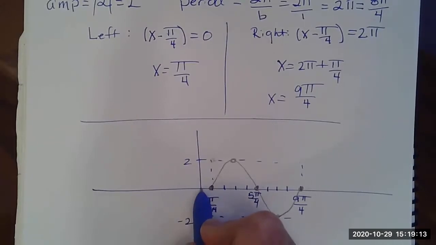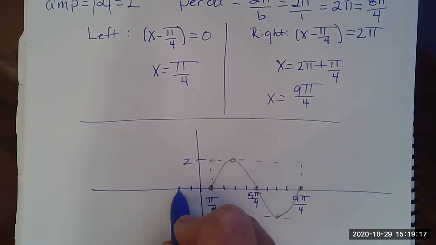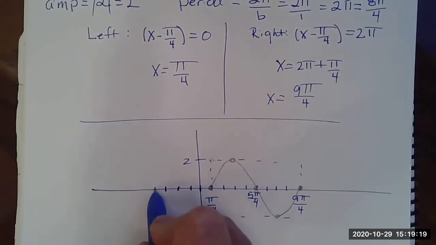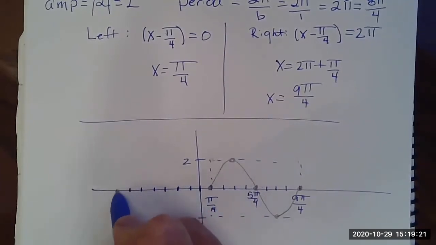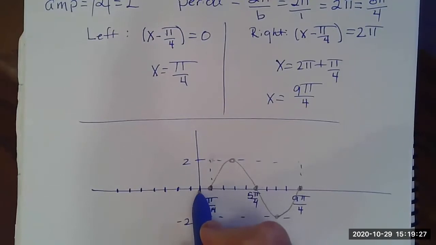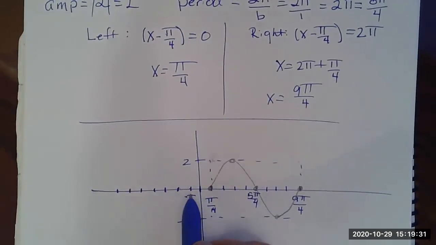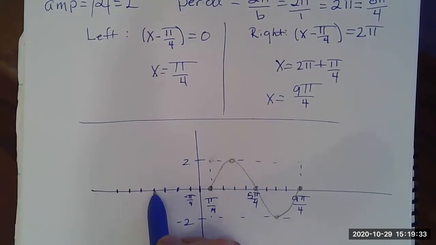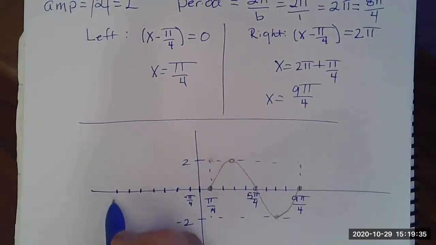Here's one of them. There's a second. There's a third. There's a fourth. There's a fifth. There's a sixth. There's a seventh. And there's an 8th tick mark. Now I just have to label them. Pi over 4, 0, negative pi over 4, negative 2, negative 3, negative 4, negative 5, negative 6, negative 7. So negative 7 pi over 4 is way over here.